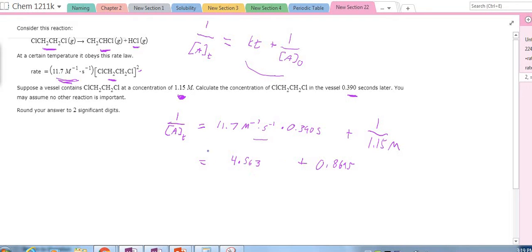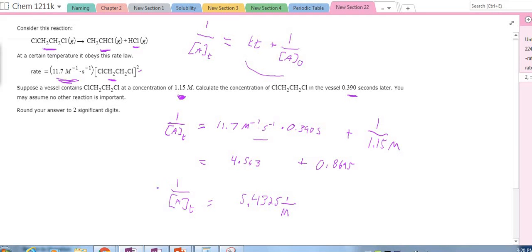I can simply add those two together so that I have 1 over A at the given time point, which is 0.390 seconds, equal to 5.4325. That's going to be inverse molar, by the way, those are my units, 1 over molar.